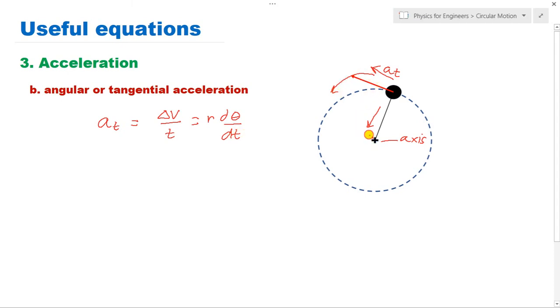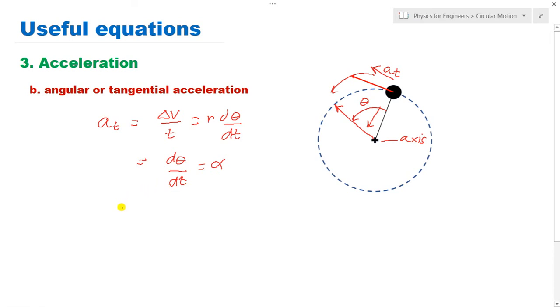So therefore, there is an effect of your tangential acceleration with your angular acceleration, because there are times that your angular displacement or your angular velocity will change. So that rate of change is equivalent to your angular acceleration. So this d omega over dt is just equal to your angular acceleration denoted by alpha, because your angular velocity will also change.